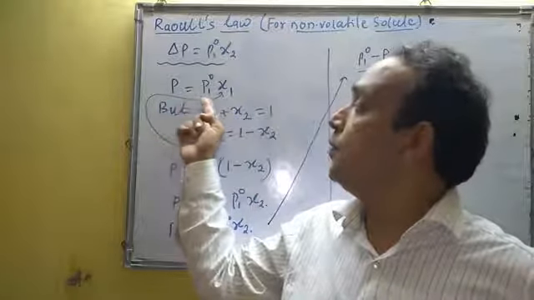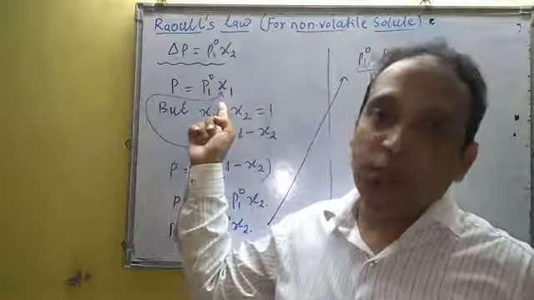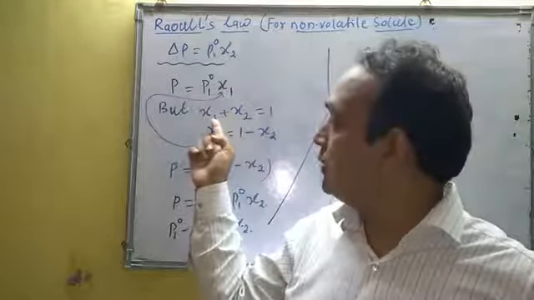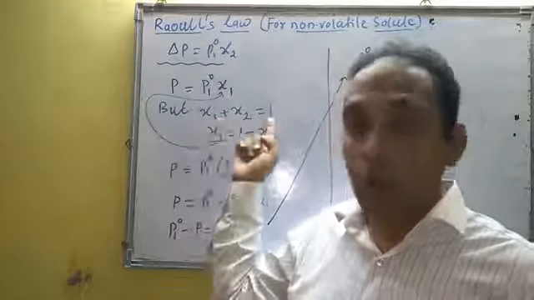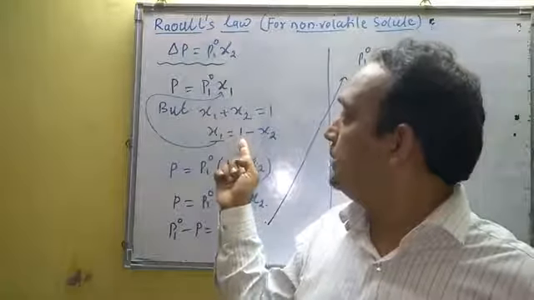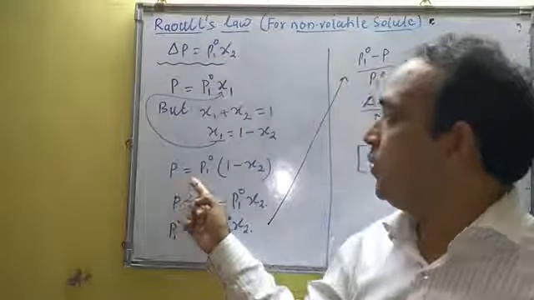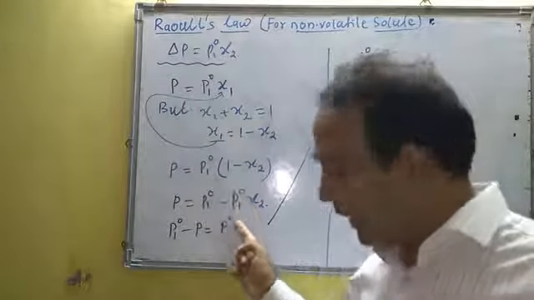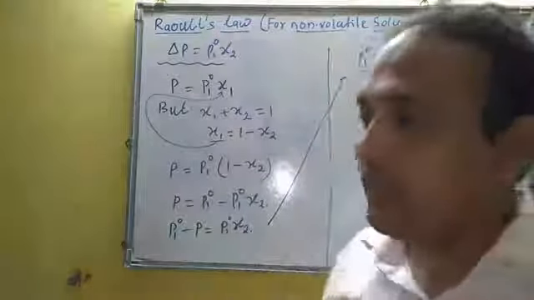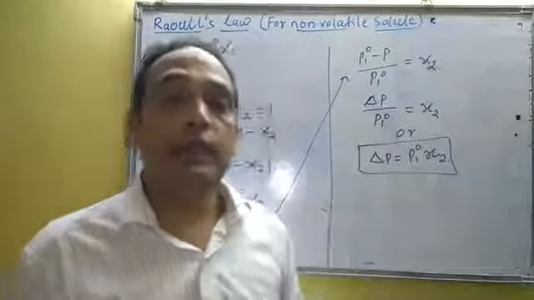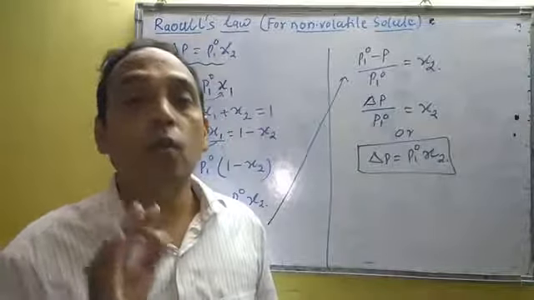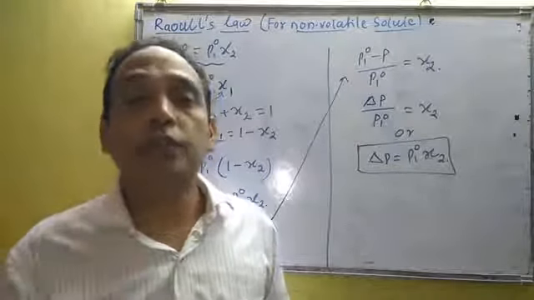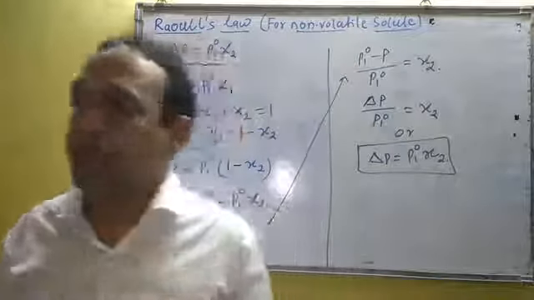So P is equal to P10 into x1, but x1 plus x2 is equal to 1. Mole fraction of solvent plus mole fraction of solute is equal to 1, so x1 is equal to 1 minus x2. Substitute here P is equal to P10 times (1 minus x2) instead of x1, and now simple mathematics gives this Raoult's law. It states that the relative lowering in vapor pressure of a dilute solution is equal to the mole fraction of solute. Note down this point.